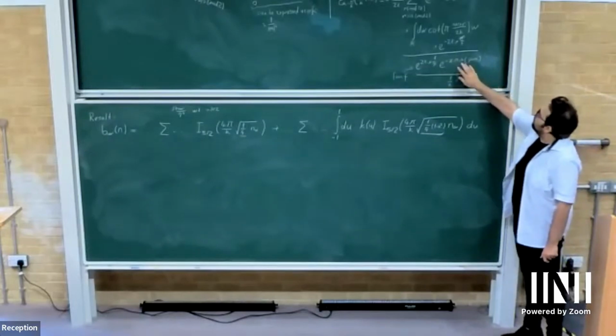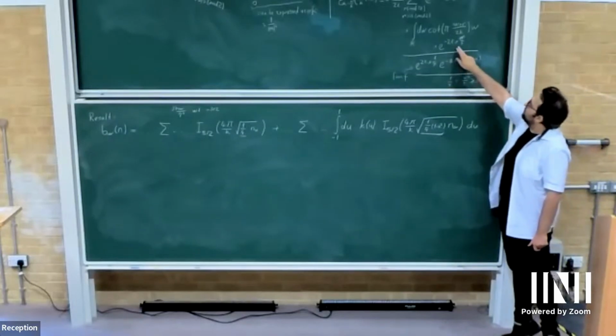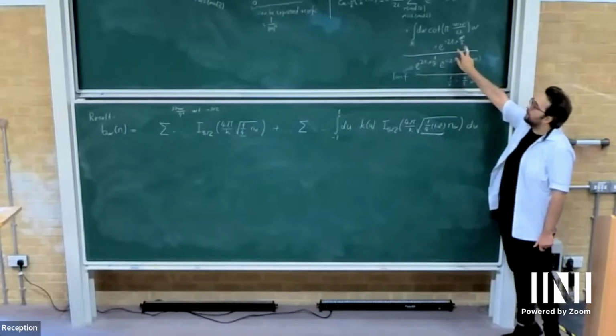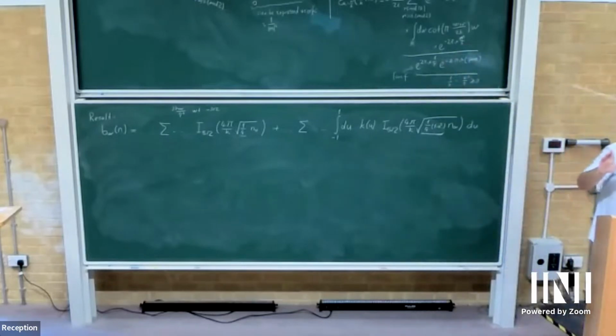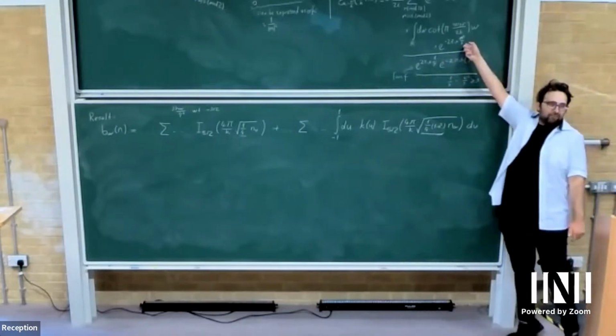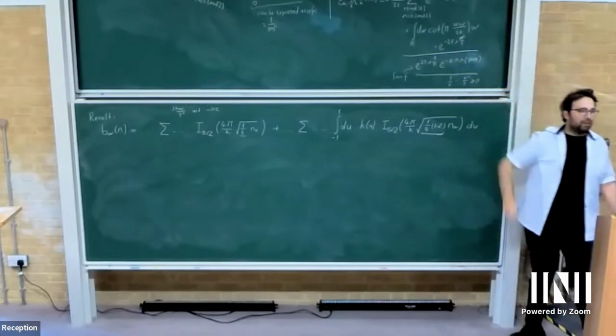The V dependence is constrained to these exponentials now, right? So now you're integrating over a range of coefficients given by W squared over 4.